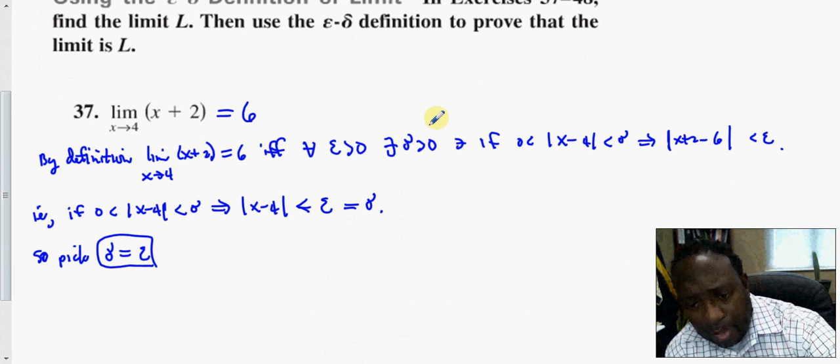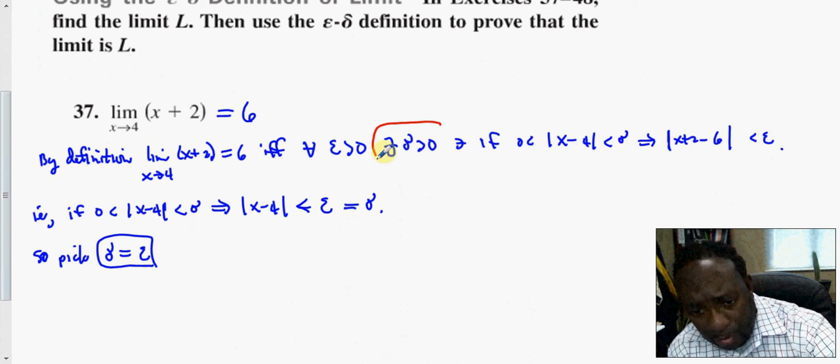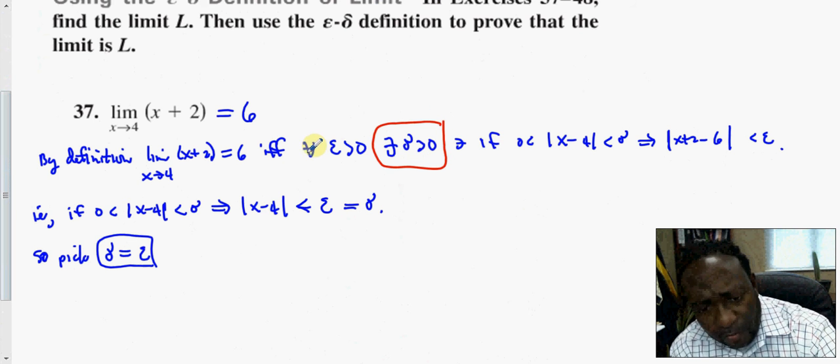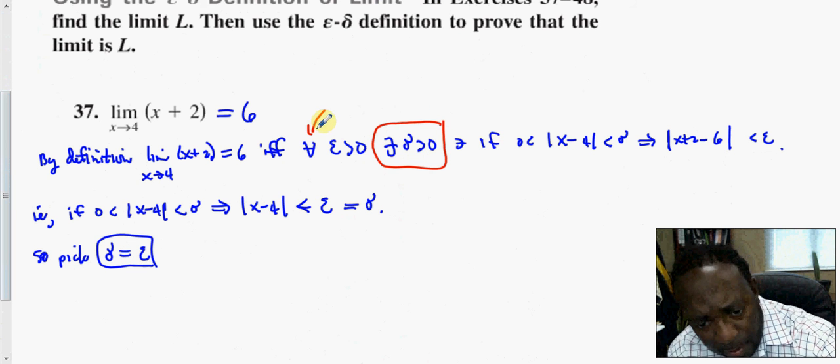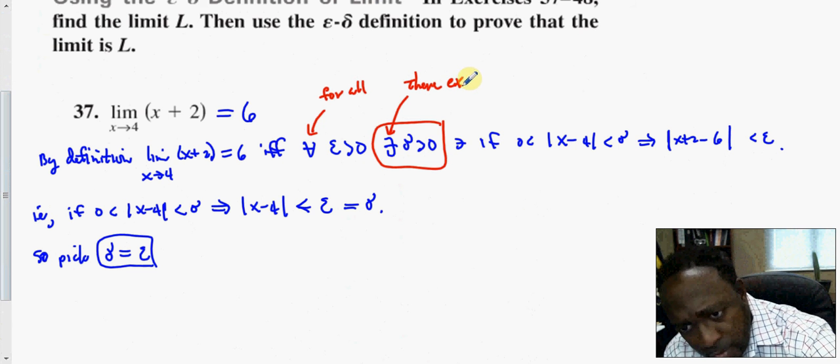Now where do we get that language from? We get it from here. It says that for all, this is the symbol for all, there exists, this is a symbol, and this is such that.